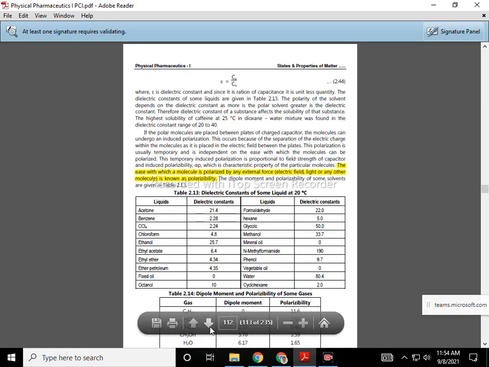And very important, which I have highlighted over here, this line is of highest importance, because if anybody asks you what you are getting with the dielectric constant, straightaway you should answer it is the polarizability, the extent of polarizability of that sample which we have placed in the capacitor. Got it?